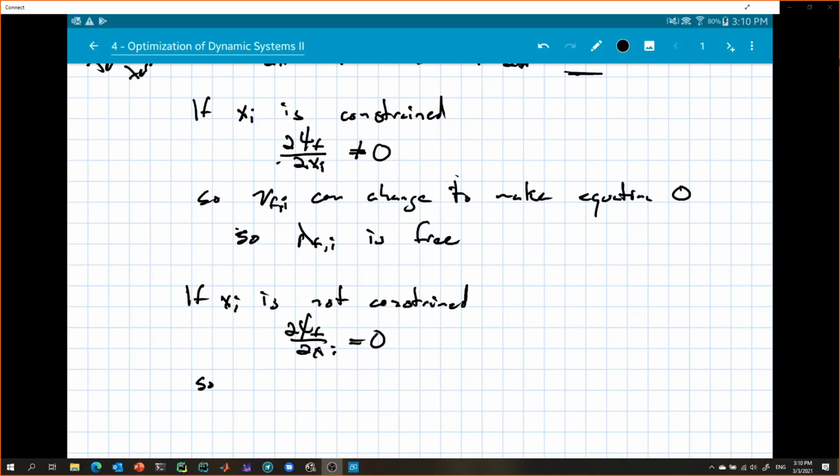So nu is unconstrained. Well, let me just say free. I'm sorry, let's say this is free. And lambda F comma i is constrained.